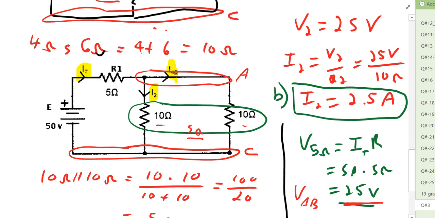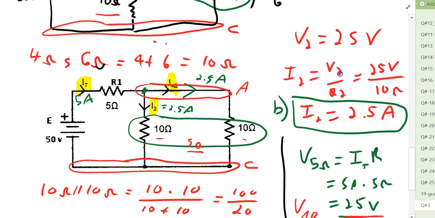Now, if you think about our circuit then, we have 5 amps enters at IT. It will enter node A here and become 2.5 amps, and I2 at 2.5 amps.